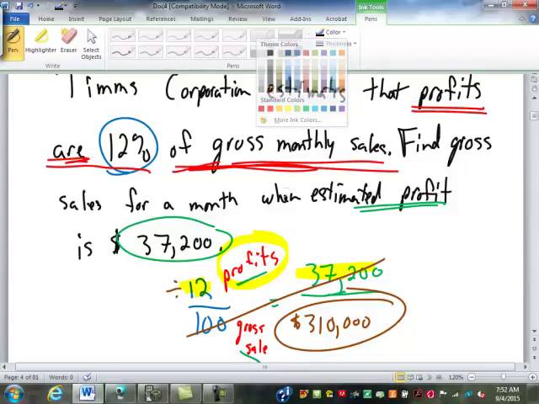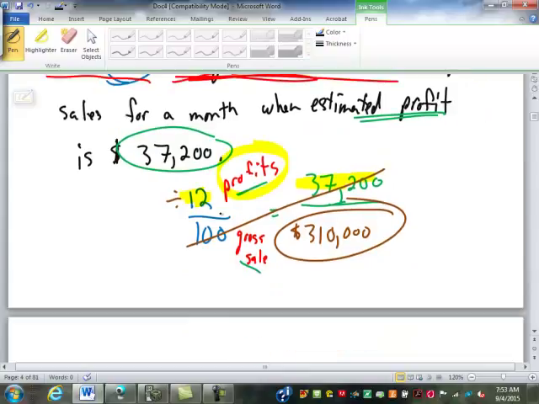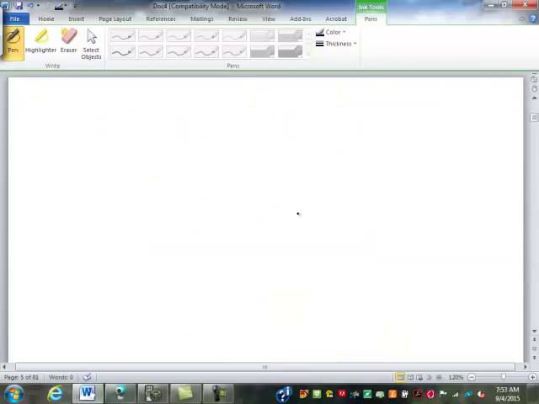Let's do another couple of simple ones here. Let's say you receive an 8% discount.